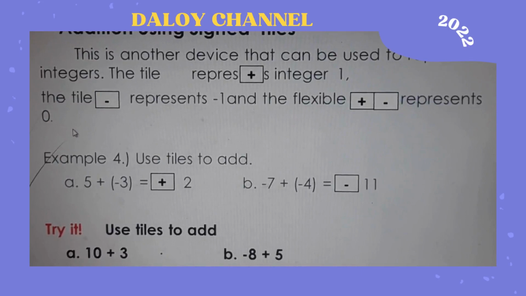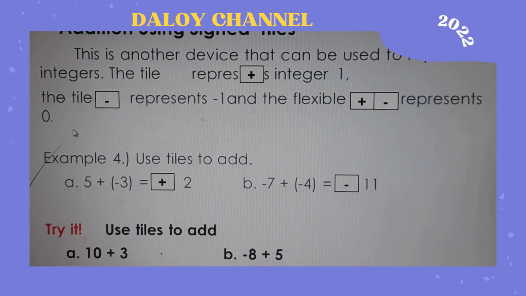Now example, use tiles to add the following. Adding 5 plus negative 3, it's just the same as, again, multiplying negative sign to the plus sign, so it becomes 5 minus 3. You can directly assign that your answer would be positive because positive 5 is greater than negative 3.